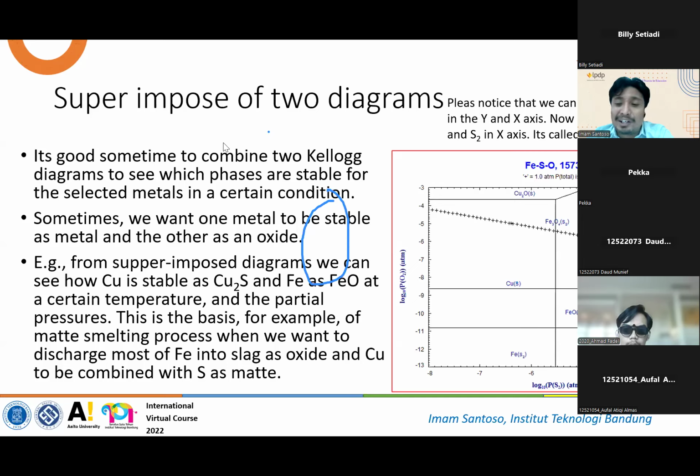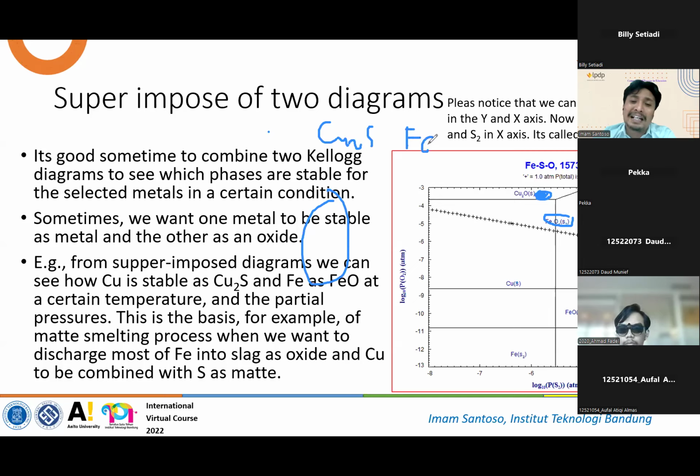Okay, for example, can the smelting condition be at this point, guys? The answer is no, because at this point copper becomes copper oxide and iron becomes iron oxide. In copper smelting, we want, for example, copper to become Cu2S and iron to become FeO.